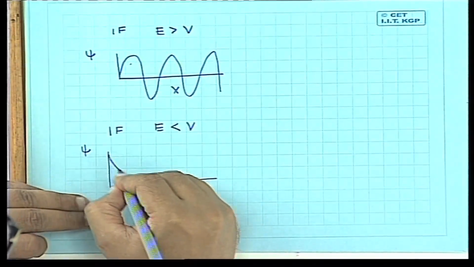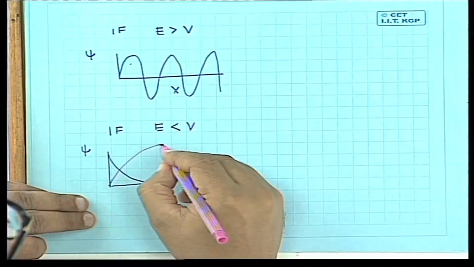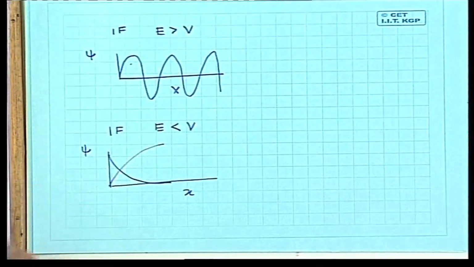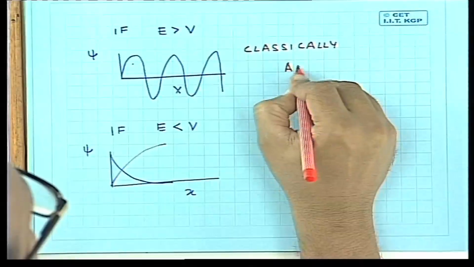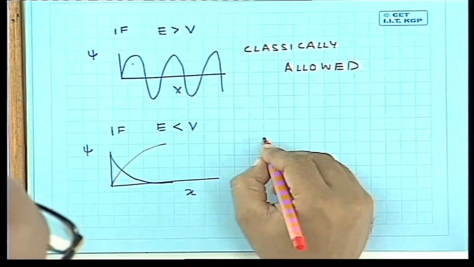So the wave function will either decay exponentially or it will grow exponentially, and you have to use appropriate boundary conditions to fix which of these you are going to have. So there is a major qualitative difference in the nature of the wave function in the two regions: one which is classically allowed for a particle, and this is not allowed classically.